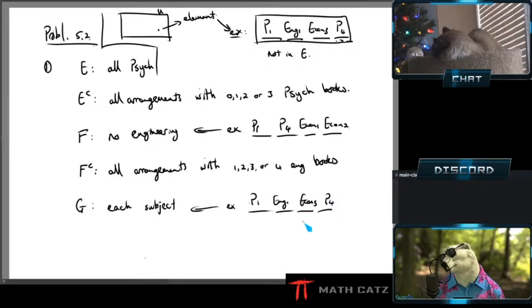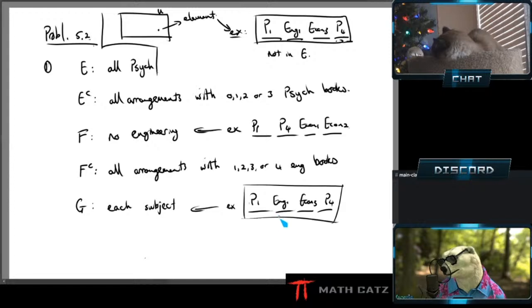Of course, I have more books than subjects to select, so some subjects will double up. That's okay. But when I look at the arrangement, remember this is a single thing in the G circle. It's a single dot in the G circle. Then I see every subject.